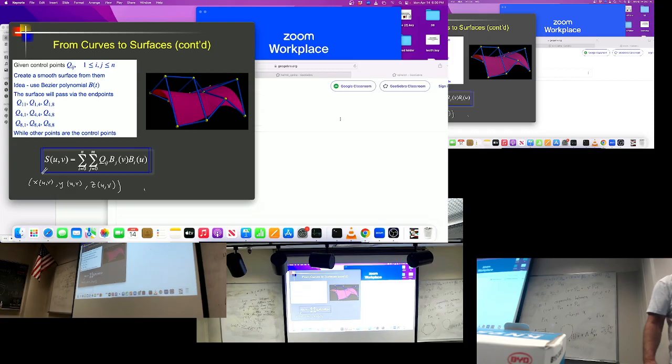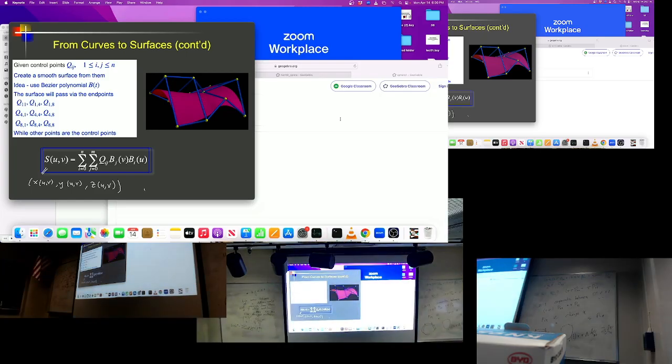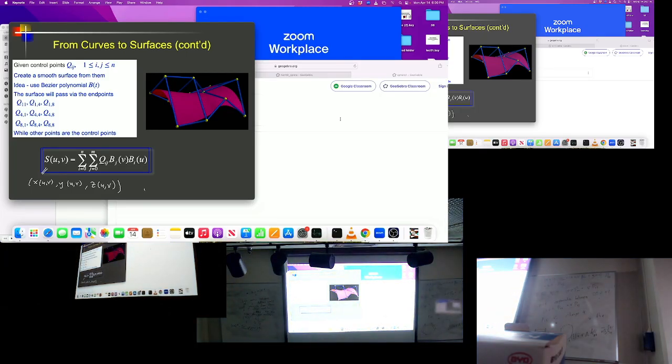If you want smoothness, then let's see the general methods to work with smoothness. I have my control points. For example, I can use a Hermite polynomial, I can use a Bezier in this case. And the Q_ij are my control points.